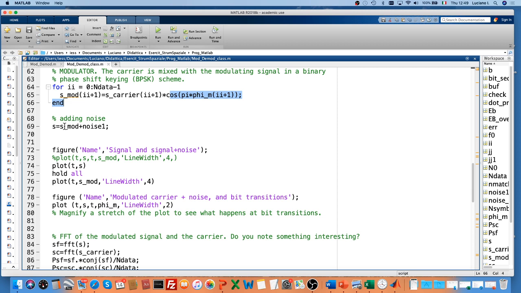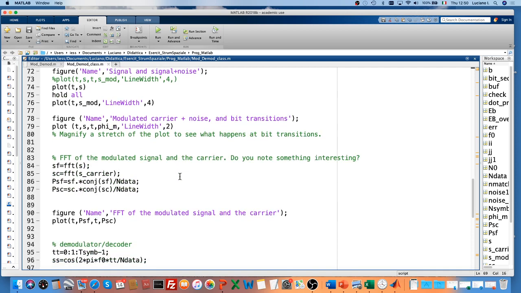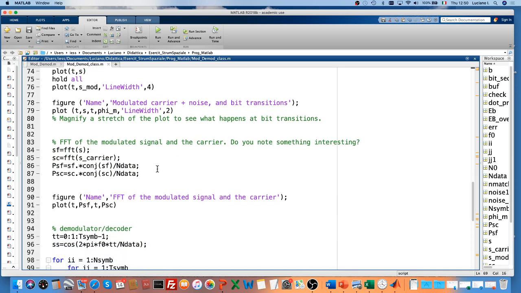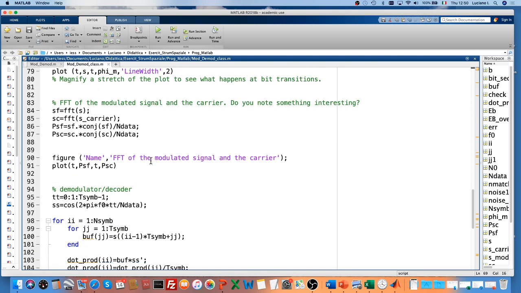Then I construct a sequence S, which is the sum of the modulated sequence plus the noise that I built. And I plot, this is a plot that we will see, etc., etc. I do also an FFT of the resulting signal, a fast Fourier transform, and we will plot the outcome of the fast Fourier transform.